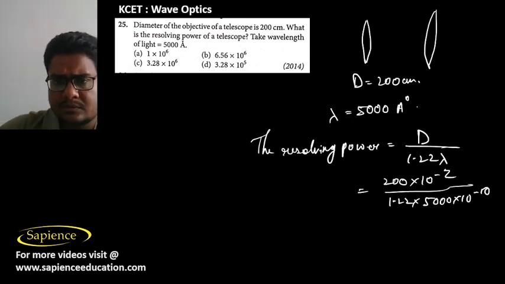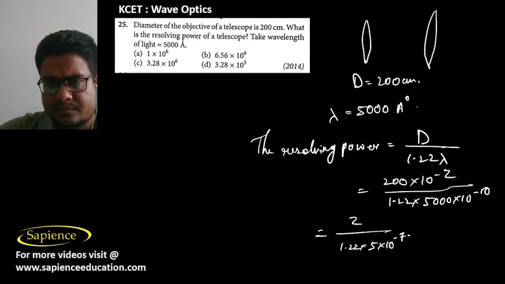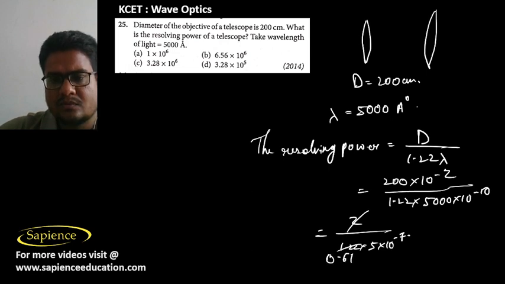The resolving power will be 2 by 1.22 into 5 into 10 power minus 7.